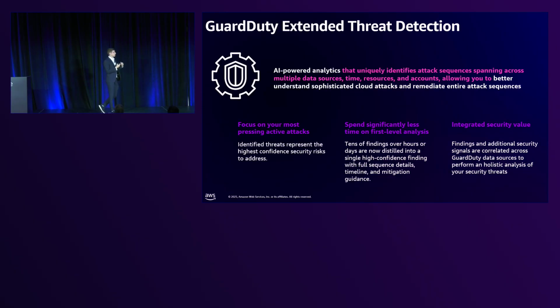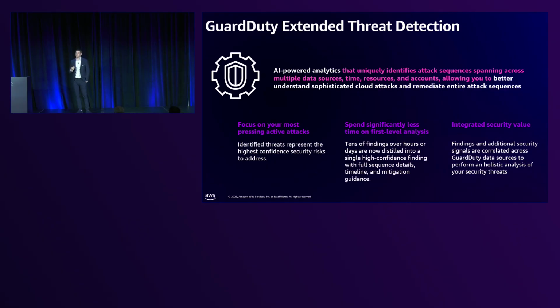So it will correlate both strong signals, which are GuardDuty findings, as well as weak signals, activity that we see on our side but don't send out to you so as not to overwhelm customers with findings. And we'll put it together into a single critical severity attack sequence, which is a new type of finding that we released last re:Invent. This attack sequence will contain the full attack chain, all the different activities that we observed in a single timeline, and we'll see it in a moment.